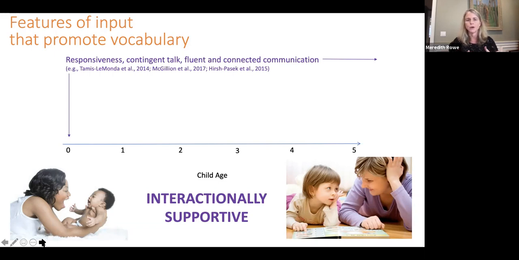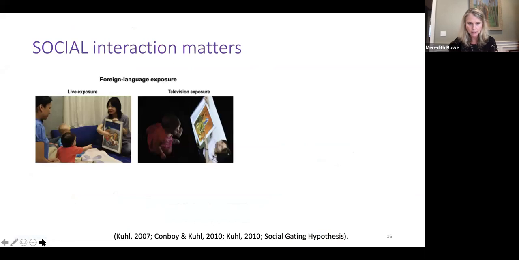That has been found at a variety of different ages, from infancy up to preschool. We know all the previous research on joint attention. Children seem to learn more and learn better when they are engaged in interactions that are contingent, responsive, fluent and connected.